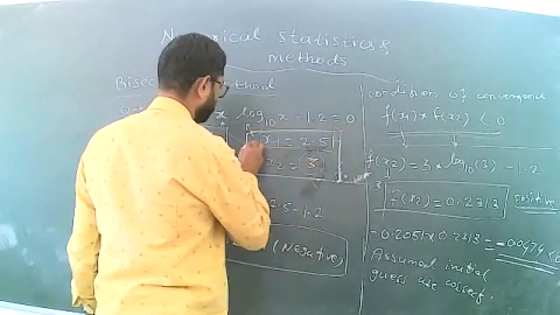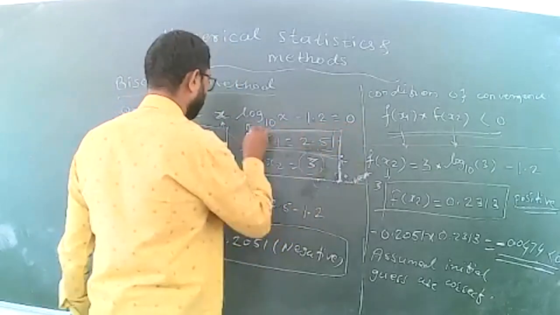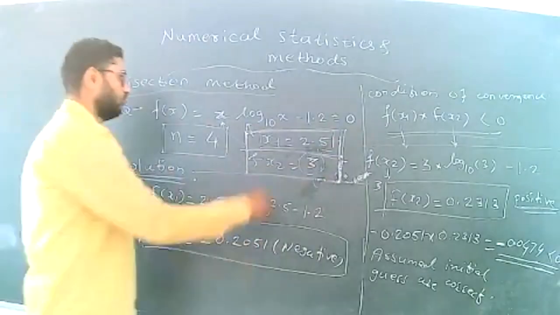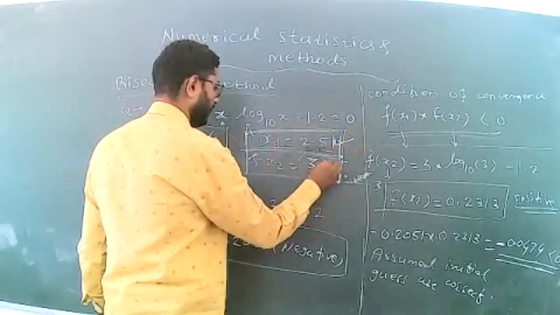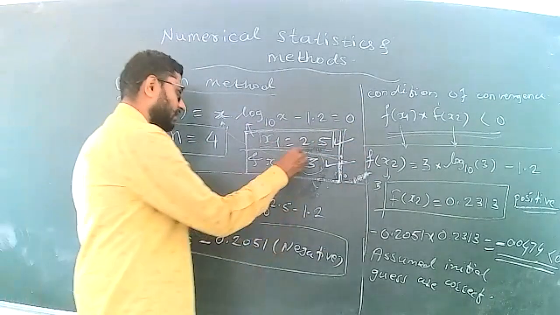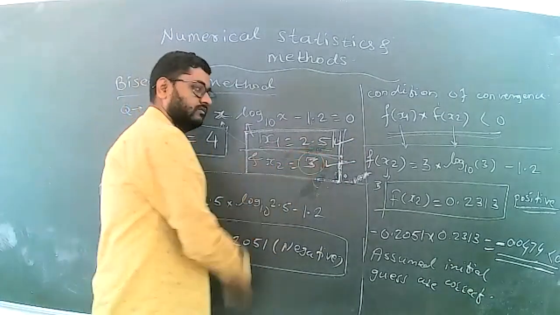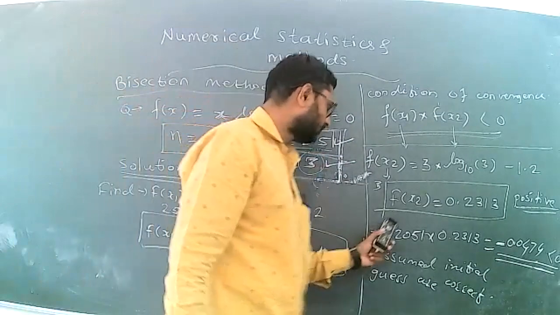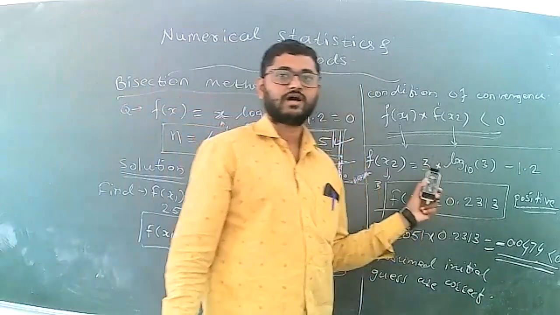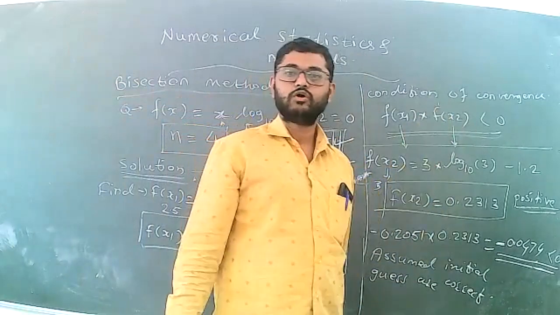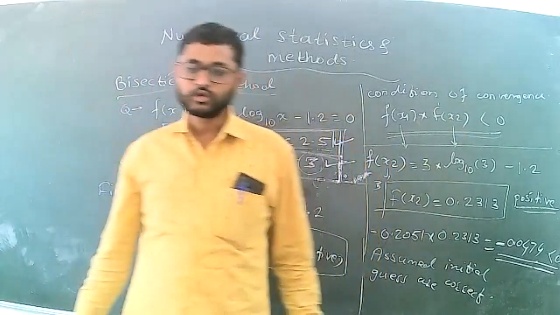For this equation we assumed x1 equal to 2.5 and x2 equal to 3, and these initial guesses are correct for this function equation. We checked this by using the condition of convergence.